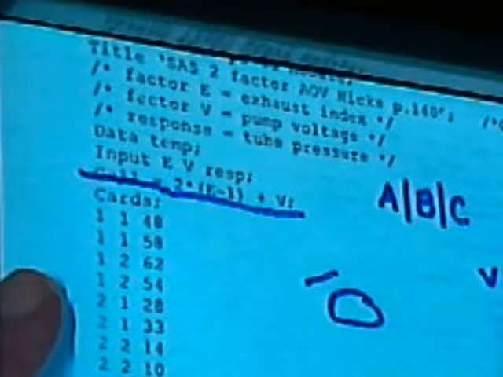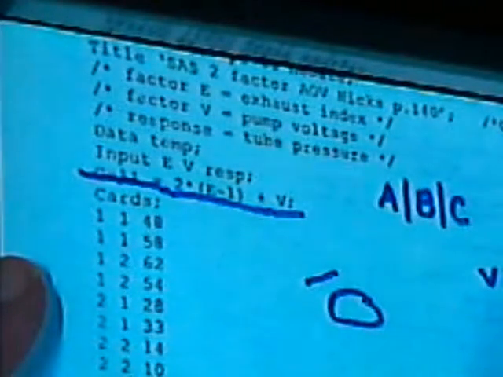So that's 2 times 1 is 2, plus V, which is 1. Wait, what am I doing? I guess that's a 3. Where did the 2 go? Down here? It's down there.